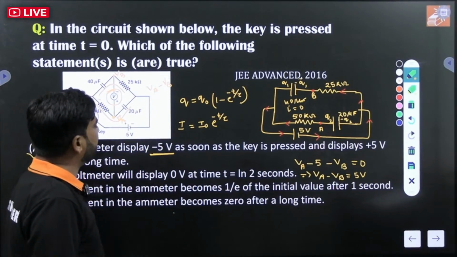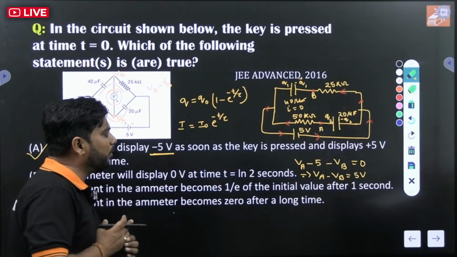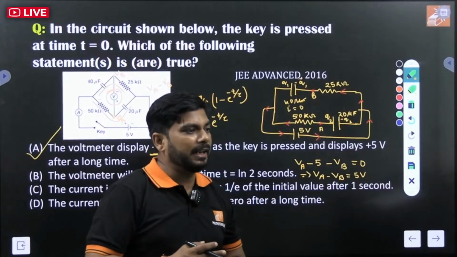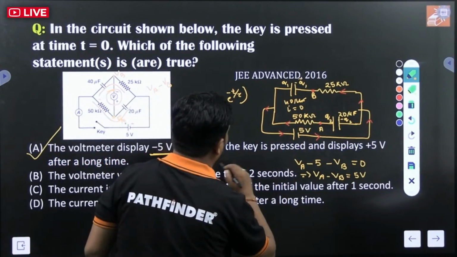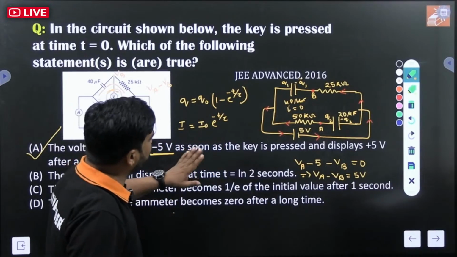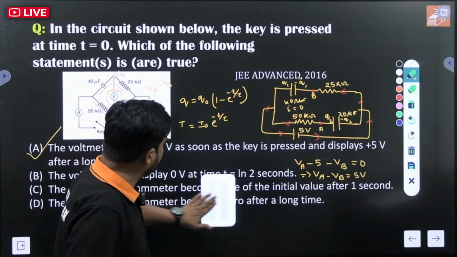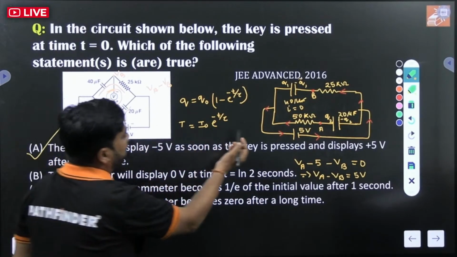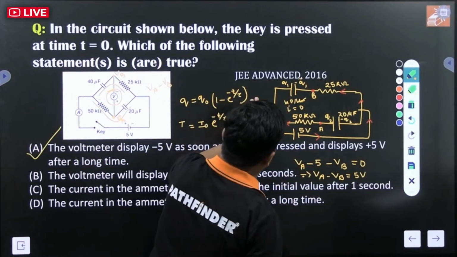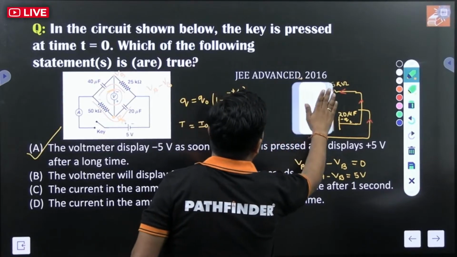Now the voltmeter will display 0 volt at time t is equal to ln 2 seconds. Clear? So here, how to proceed? So let's remove this, because so many diagrams are being drawn here.